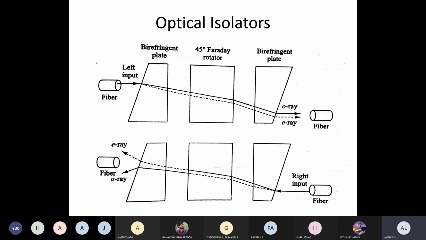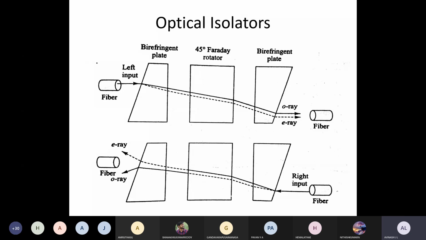So when you see this optical isolator, on the left side, the birefringent plate, when the wave enters there, obviously it is going to split into two rays.